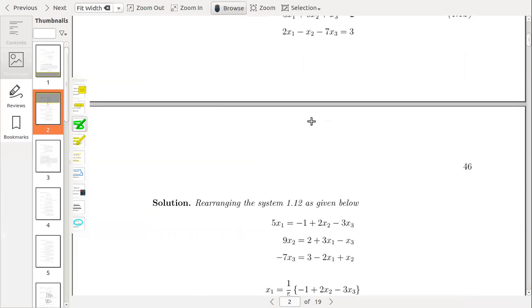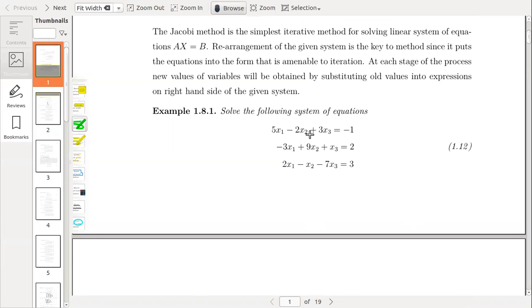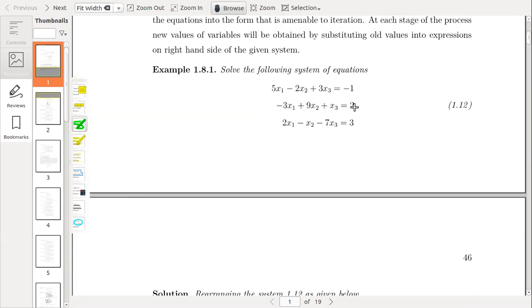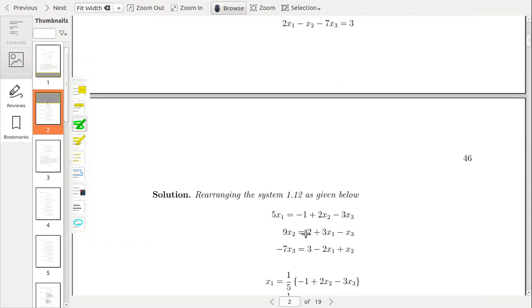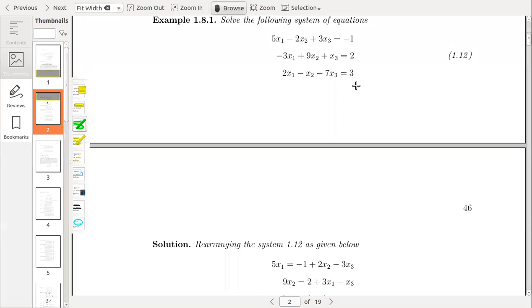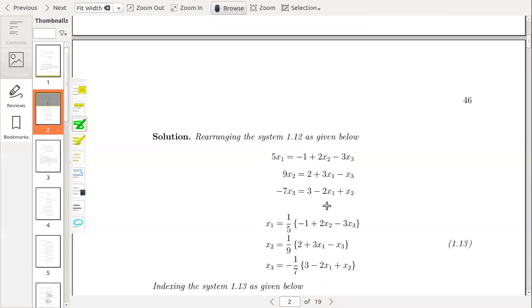In the first equation, we write the first variable on the left side, from the second equation we write the second variable on the left hand side, and in the third equation we write the third variable on the left side.